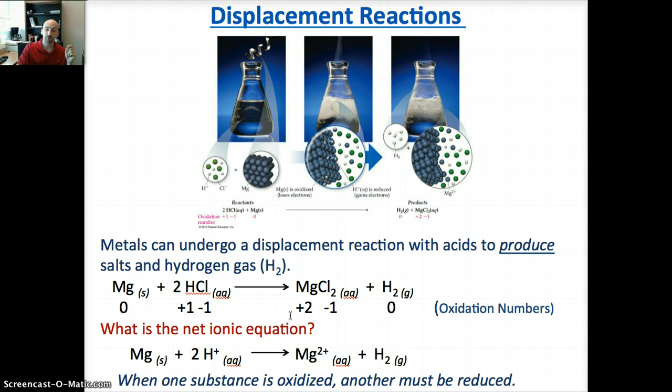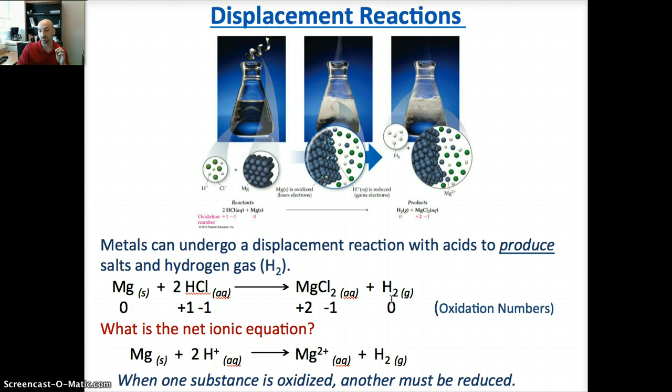Now the oxidation number of the H+ from HCl decreases from +1 to 0. Thus it has gained electrons, and reduction is gain, so it has been reduced.